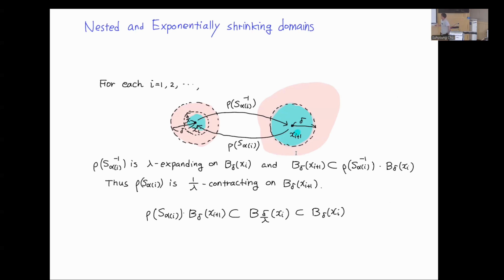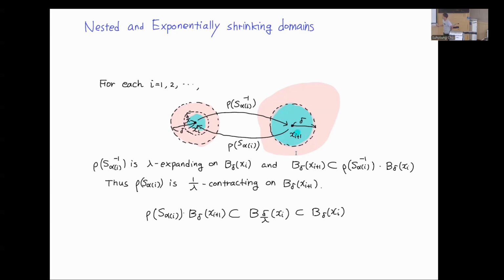In each step, the s_alpha_i inverse action is expanding on the delta ball of x_i. Conversely, the s_alpha_i action is contracting on the delta ball of x_{i+1}.